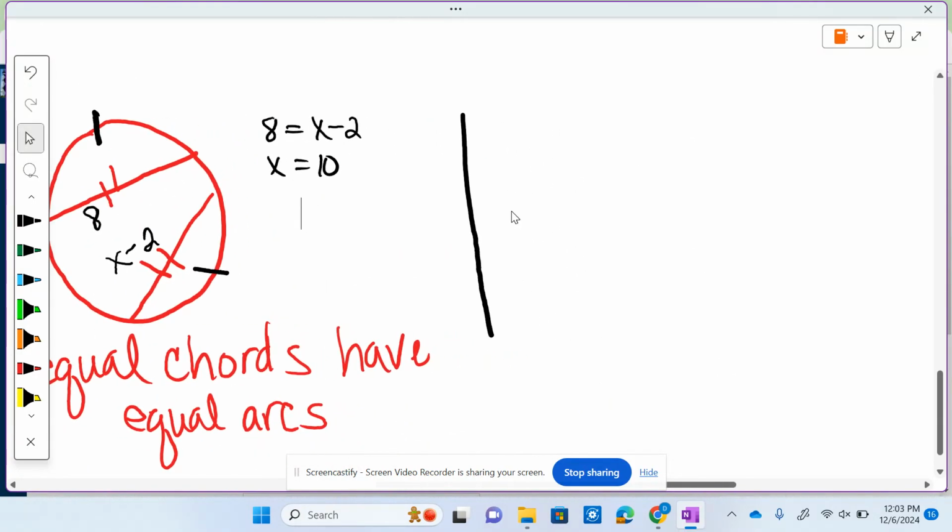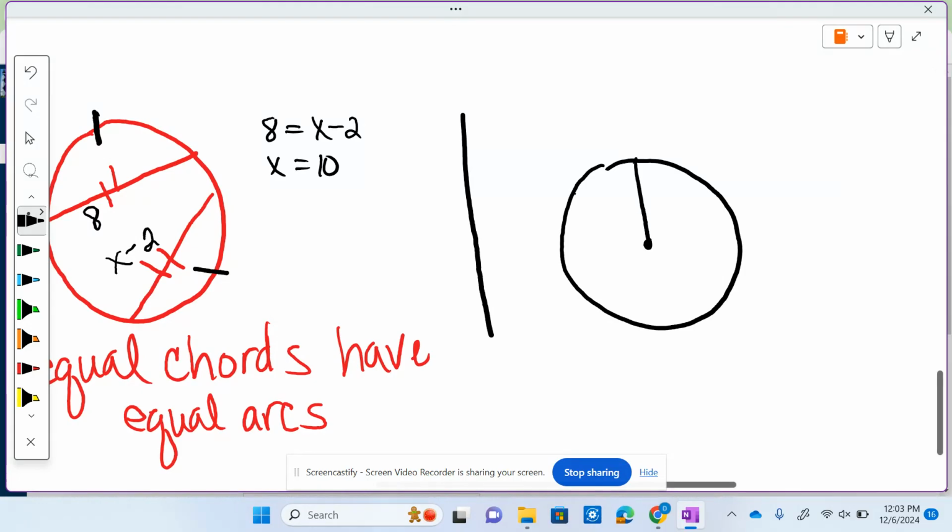Last one is when you have a radius that's perpendicular, a radius or a diameter. I said it could be a radius or a diameter perpendicular to a chord. What happens here? Do you guys remember? The chord is bisected.